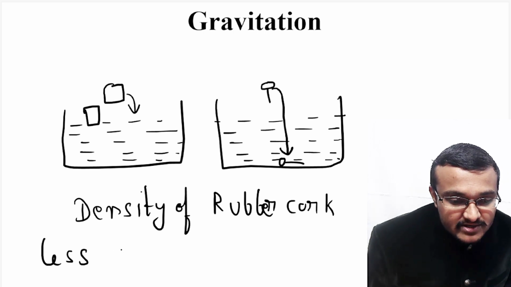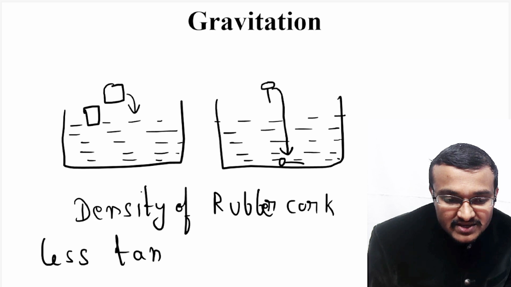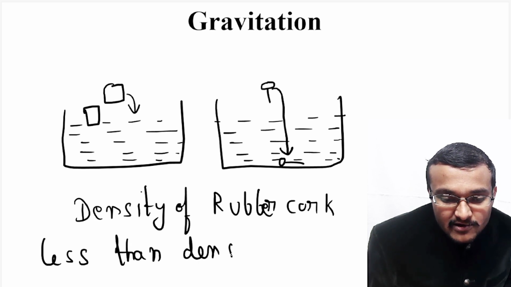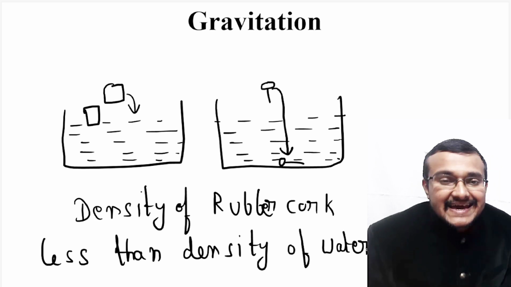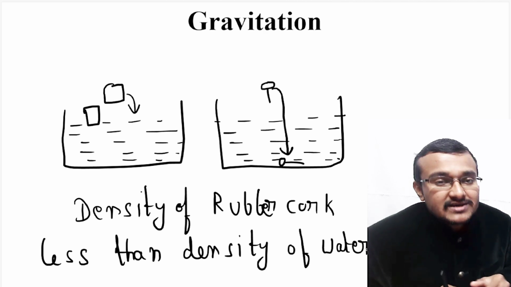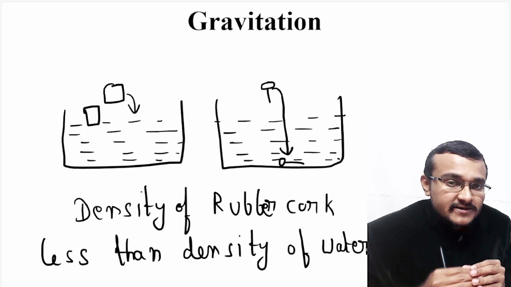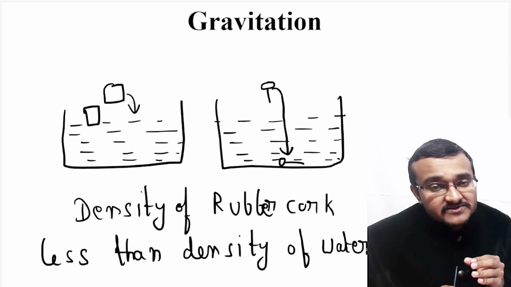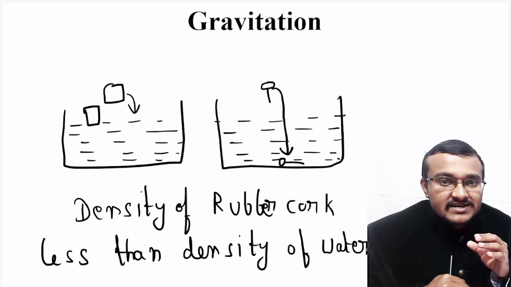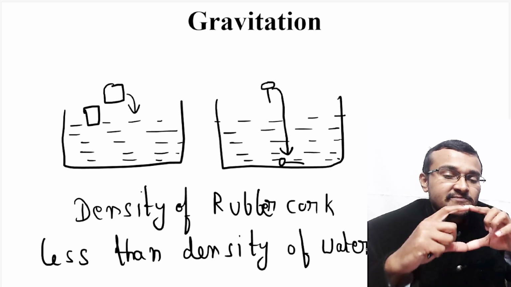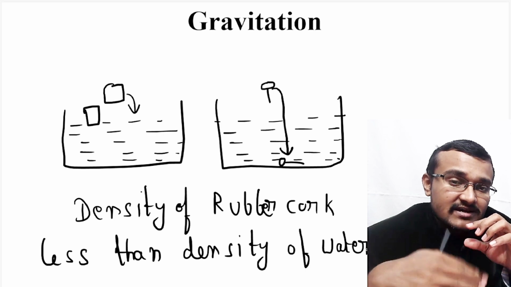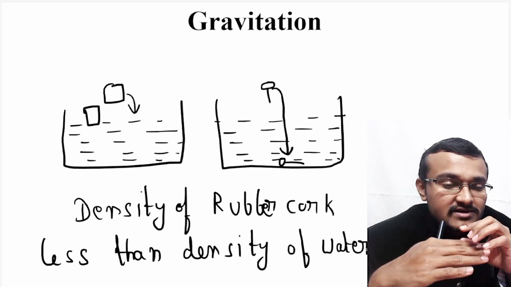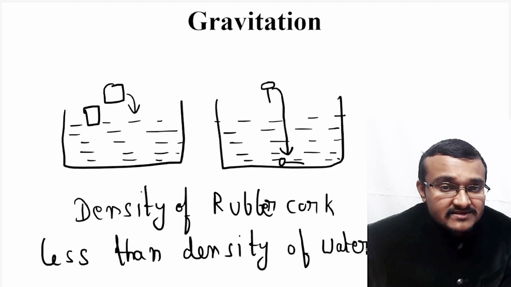Because the density of rubber cork is less than the density of water, it cannot overcome the upthrust of water to settle at the bottom of the container. It stays on the surface because water has more density and gives enough upthrust so that the cork doesn't drown inside the water.